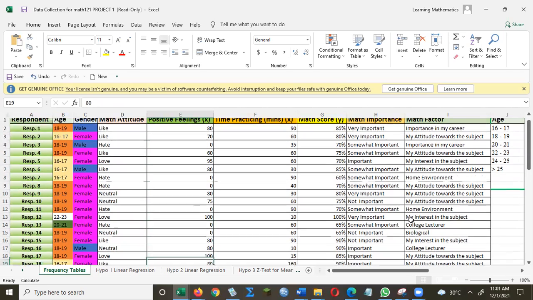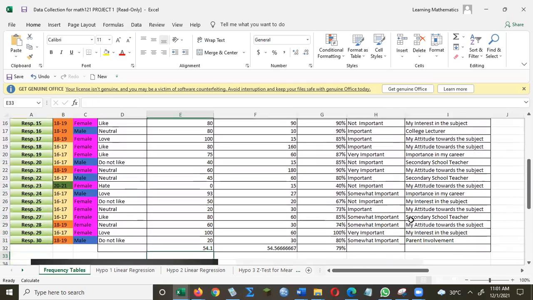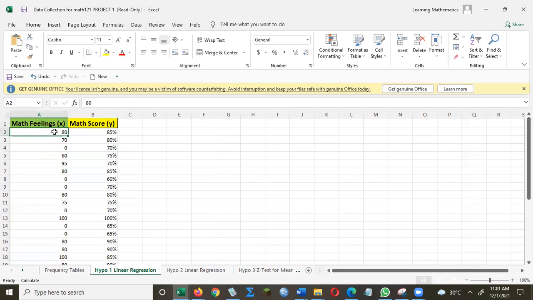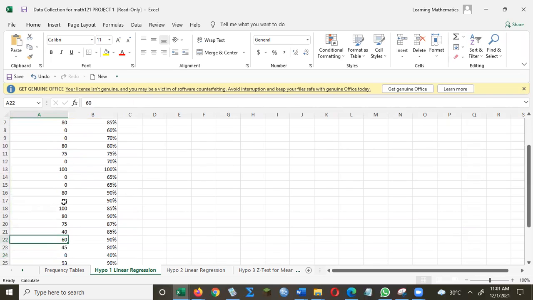These are not the numbers you have to use. But look, the numbers for positive feelings, you have 80, 70, 60, 95, isn't that what you got? Because I'm seeing the same numbers there, 80, 70, 0, 60, 95. Oh, that's someone else's. Oh, okay.